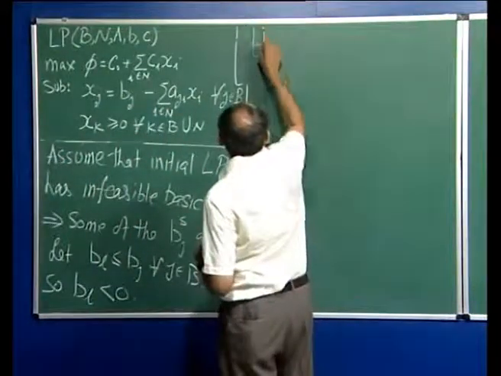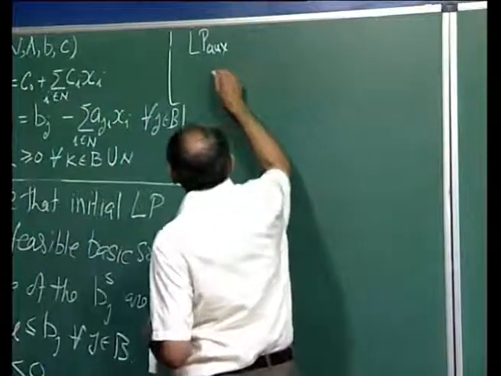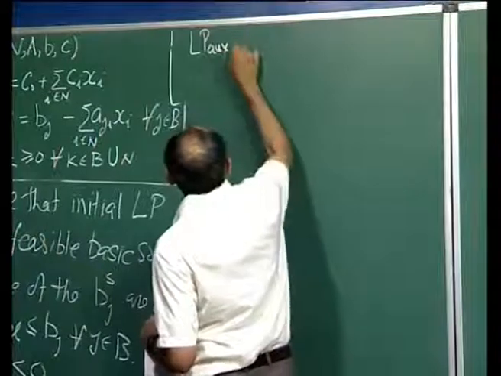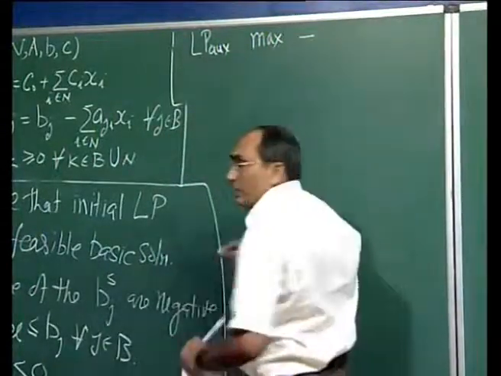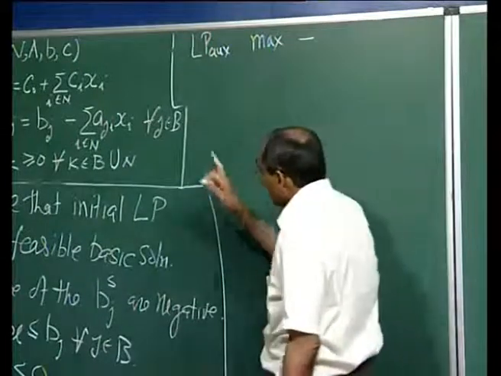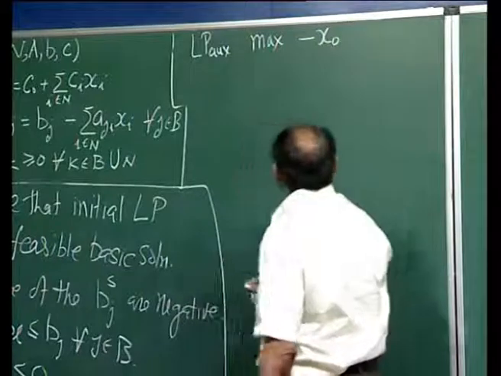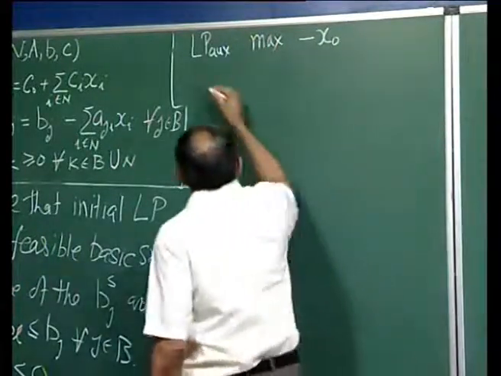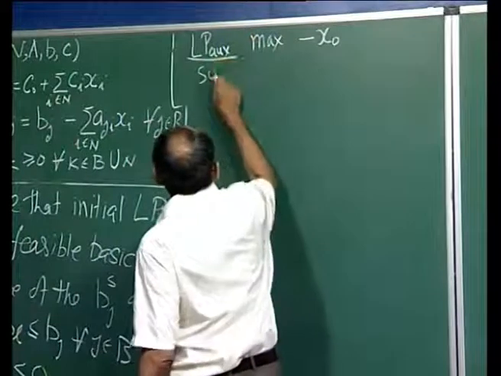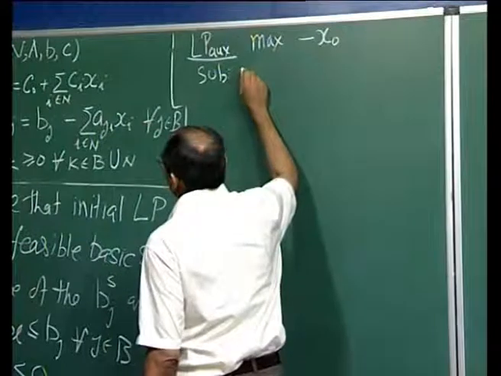and I am going to call it LP auxiliary, LP aux. In this I am going to maximize, I am introducing a new variable x naught which was not present earlier, and I am maximizing minus x naught. This is the only expression subject to this almost the same expression.